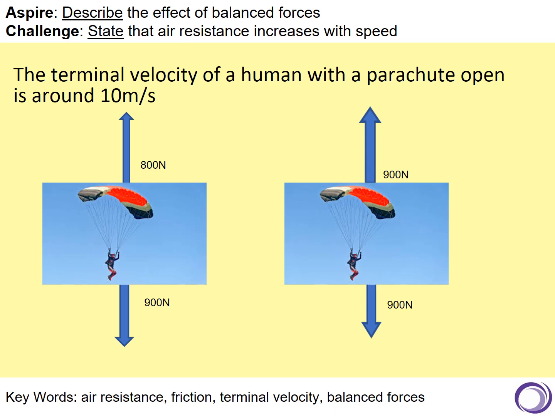But as he opens that parachute, the air resistance will increase, and then again he reaches terminal velocity. So the air resistance and the weight are equal, which means that he won't slow down anymore.